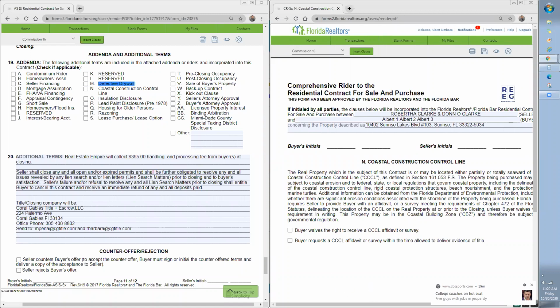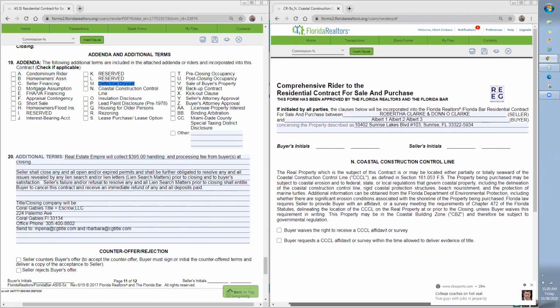What this document states is that the buyer understands that because part of their property is the actual beach, the sand, they can lose some of their property due to rising sea levels, or if it becomes nationally protected waters.